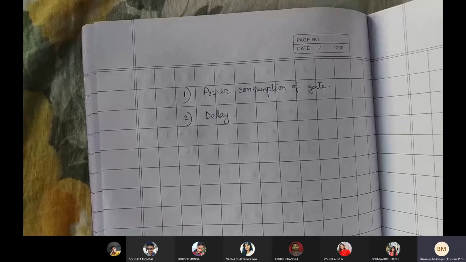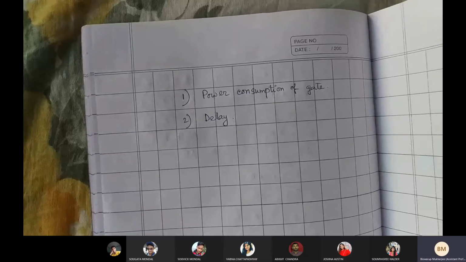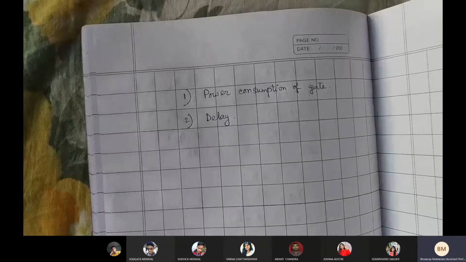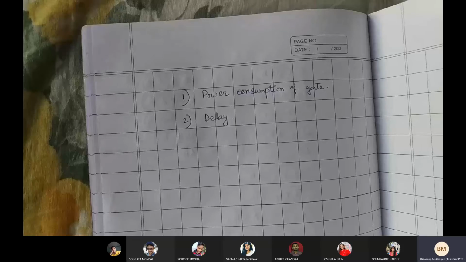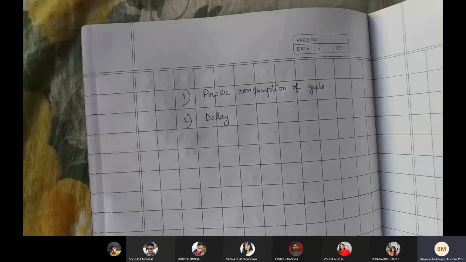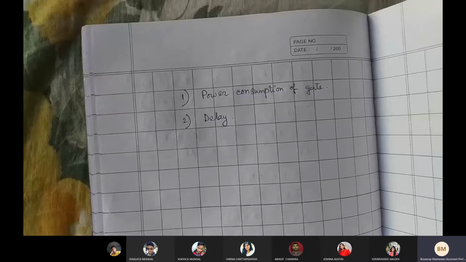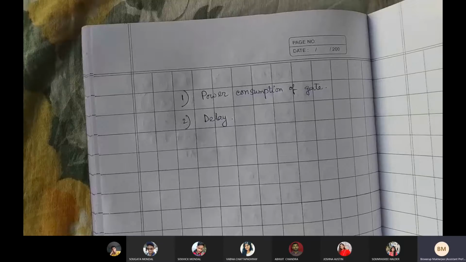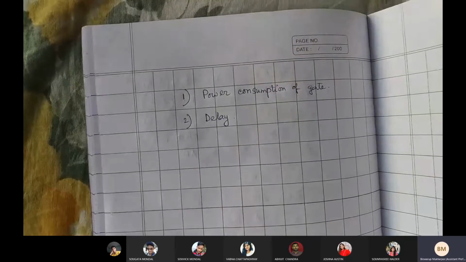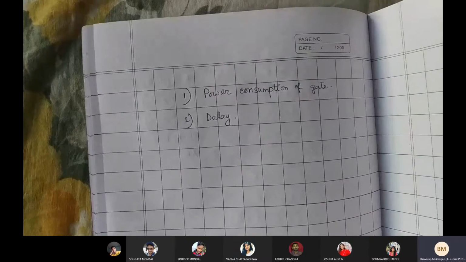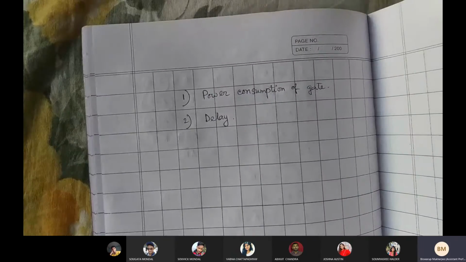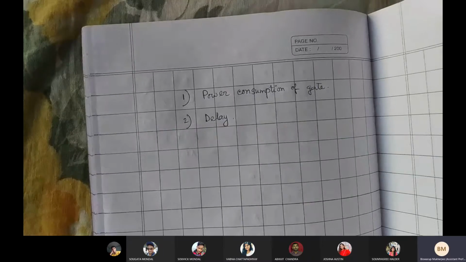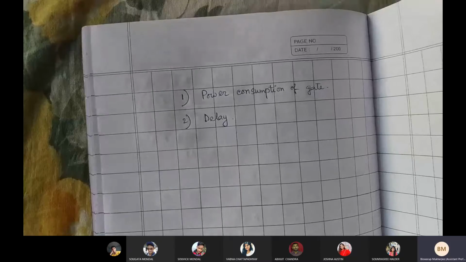To avoid that, we try to make a circuit where all the gates have a fixed or the same delay, so that we can calculate it easily. This is the delay for individual gates. So what would be the ultimate delay? We can easily calculate it. If there are different types of delays, maybe from one path the current has come a little bit faster compared to the other path. That is why delay is also one of the major parameters.